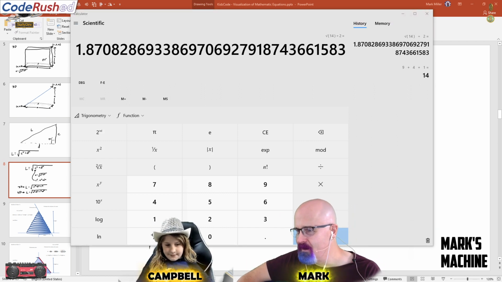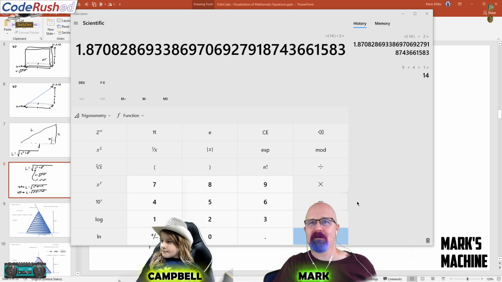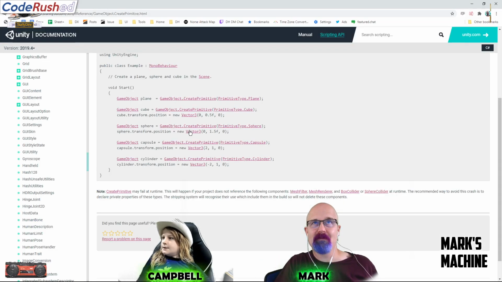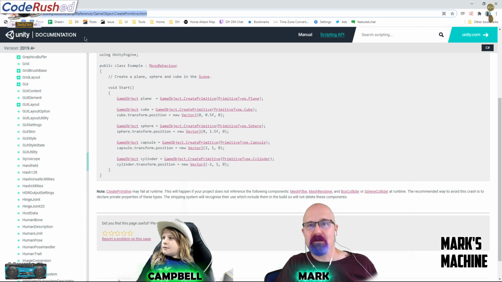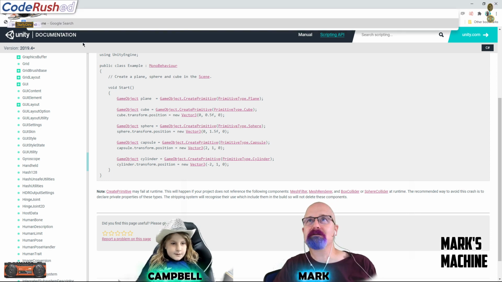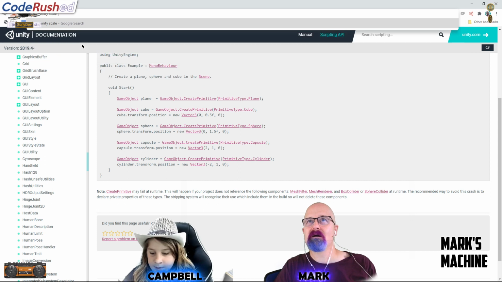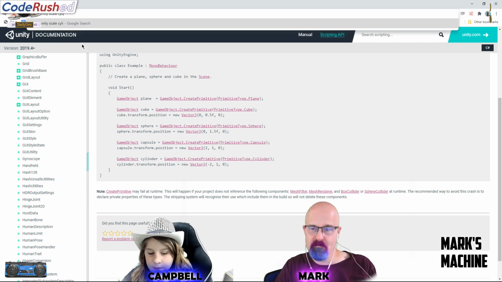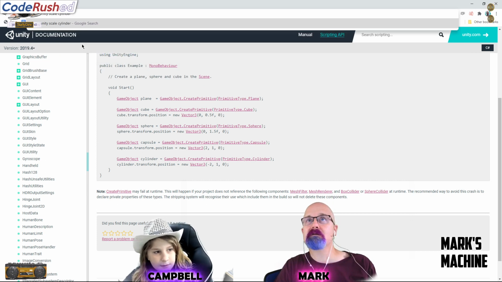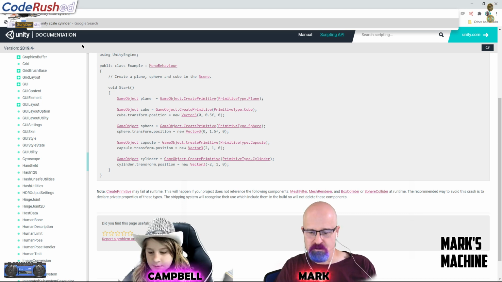Okay, I'm looking this up. Unity scale cylinder. Maybe throw 2 times in there or something.